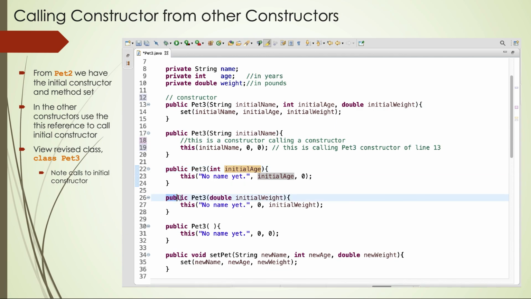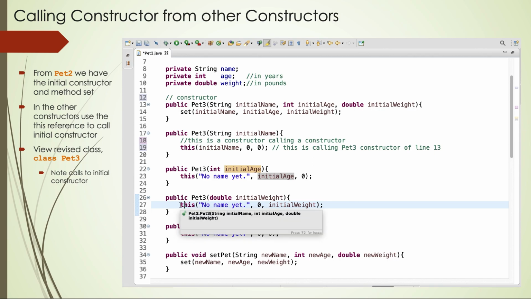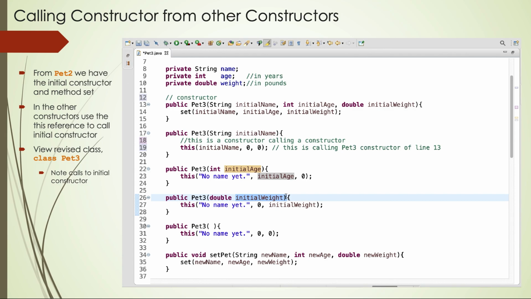The same for this constructor. We have double initialWeight as a parameter, and it's calling the same constructor in line 13 because it has three parameters. So it sets name to "no name yet", age to 0, and weight to initialWeight, the value that it's getting from here.